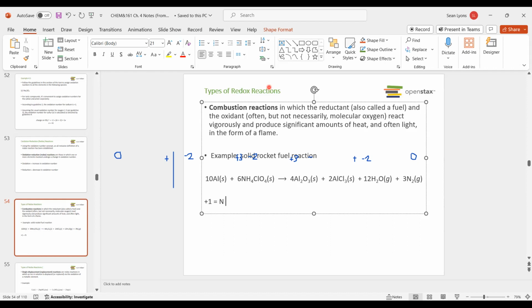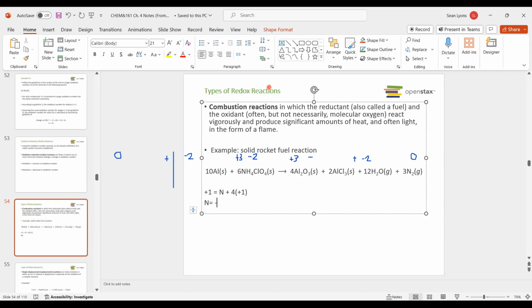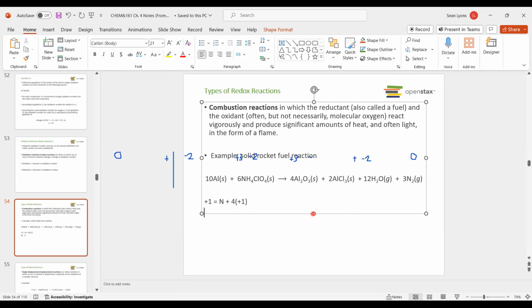We've got nitrogen, and then we've got 4 hydrogens that are each +1. So if we solve for this one, we're going to see nitrogen is -3, and that's probably going to throw everything off. So nitrogen will have to be -3.